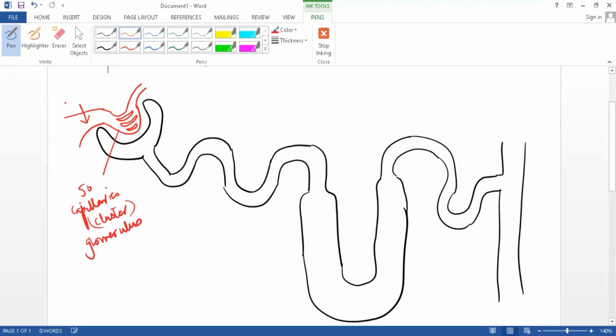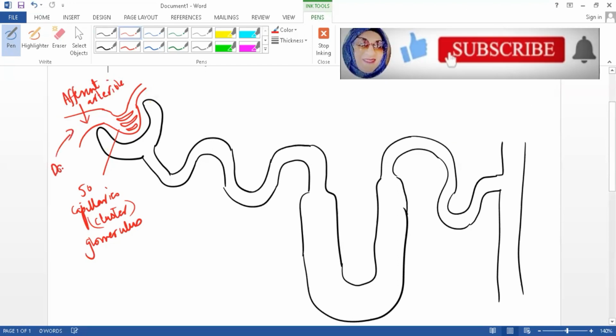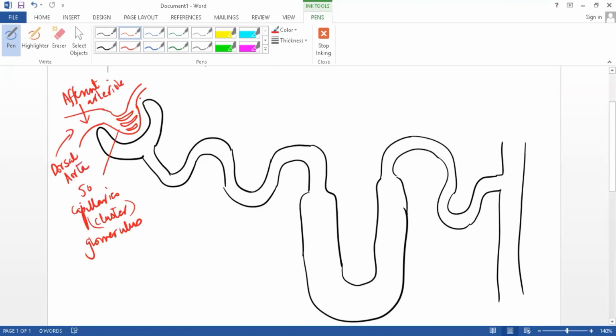This is afferent arteriole, bringing the blood from dorsal aorta, and this is, I made it quite thin, it's not that thin.